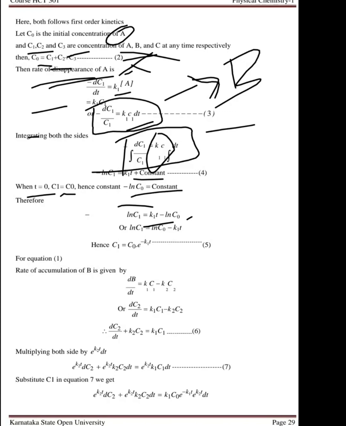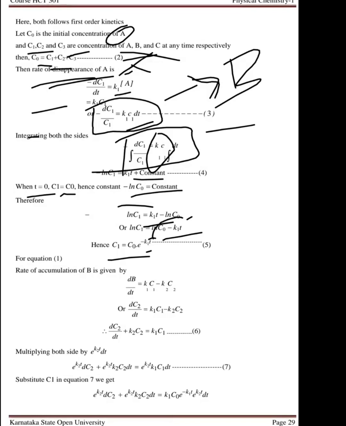So C1 is equal to C0 e to the power of minus K1 t.